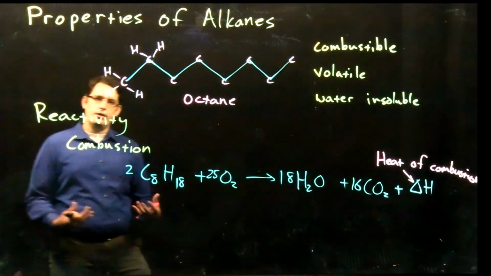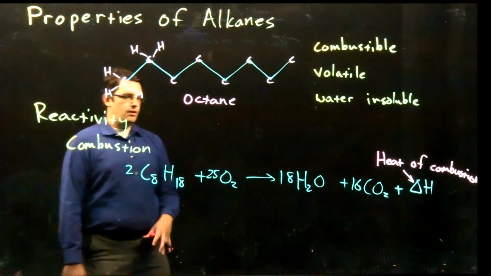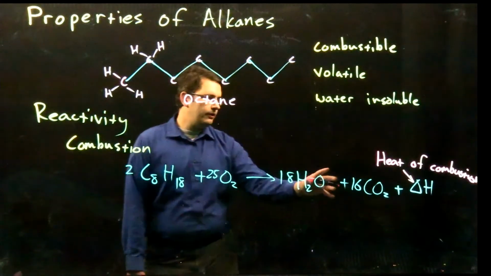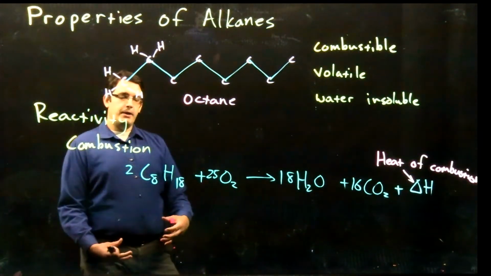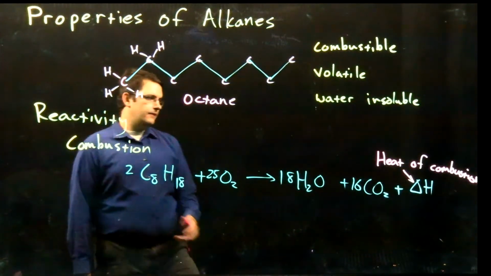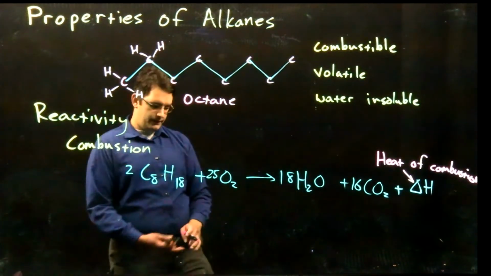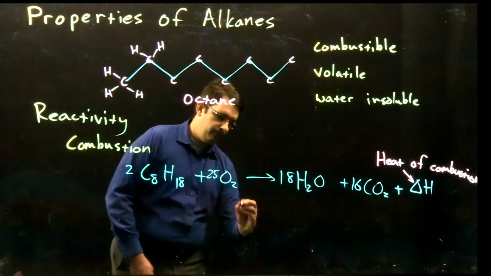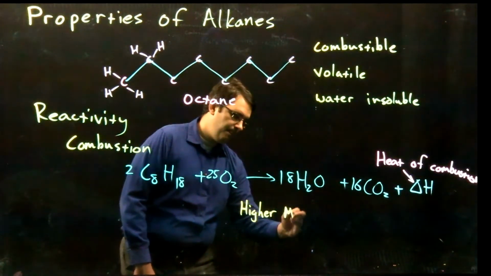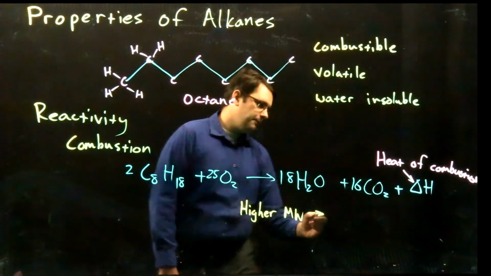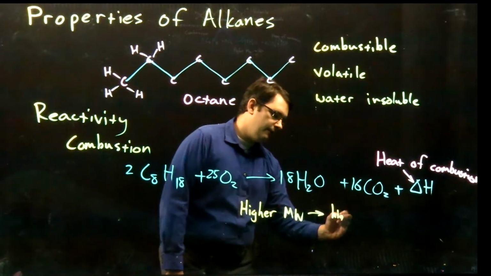Right? So all alkanes will undergo the same combustion reaction, will just vary in how many molecules react and how much heat is produced. As you might expect, the larger a molecule is, the more heat will be produced. So a higher molecular weight corresponds with higher heat of combustion.